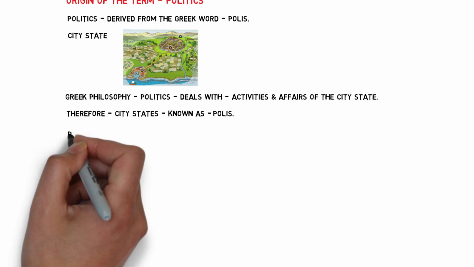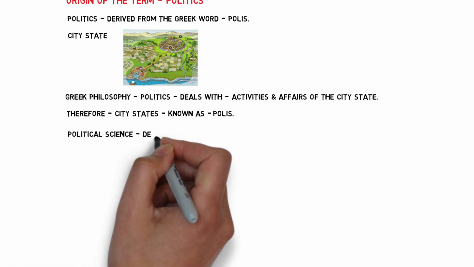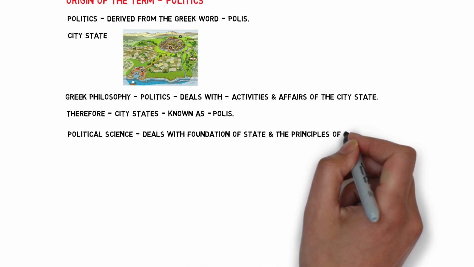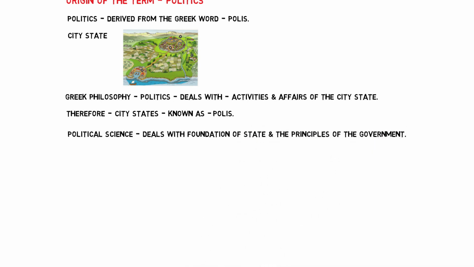Moving on, political science is that part of social science which deals with the foundation of the state and the principles of the government.